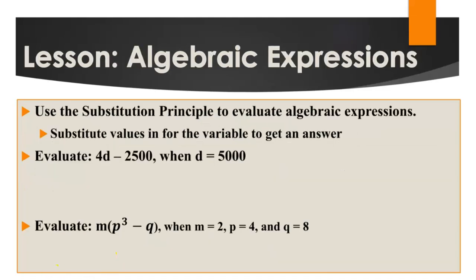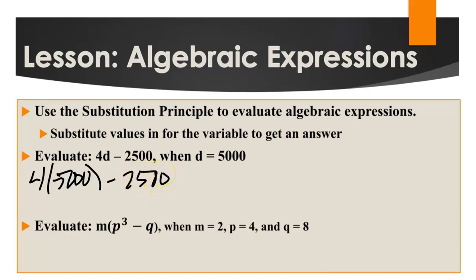Next, use the substitution principle to evaluate the algebraic expressions and substitute the values in for the variable to get an answer. So here they're giving us an expression and they're telling us what the variable equals, and we just need to simplify it. So here I have 4 times 5,000, and then I'm going to subtract 2,500 from it.